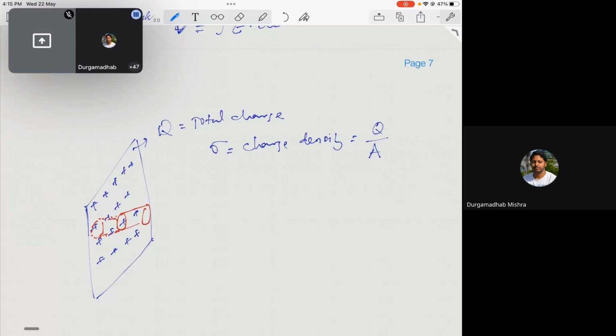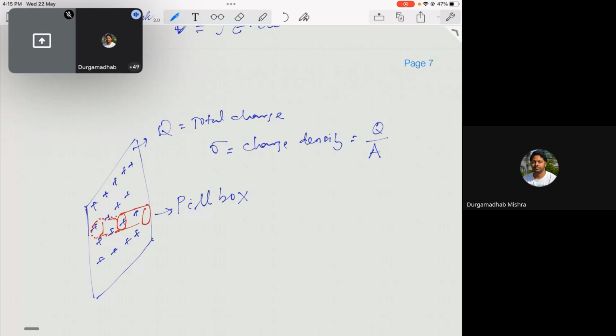You can think of it as a paper, and on both sides of the paper you have a small cylinder extending out. This kind of configuration is normally known as a pillbox. So this Gaussian surface that we have created is known as a pillbox.